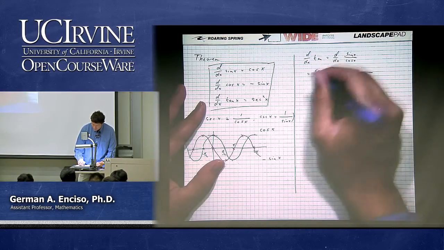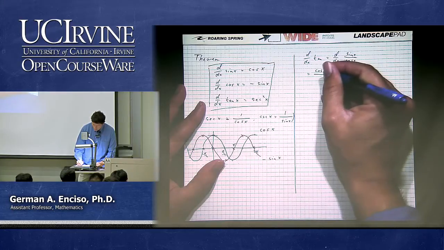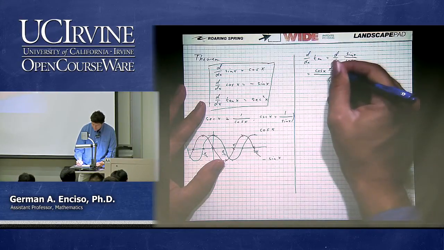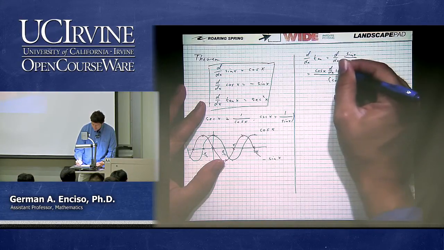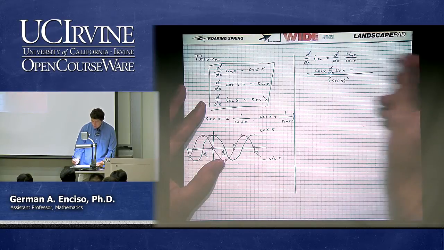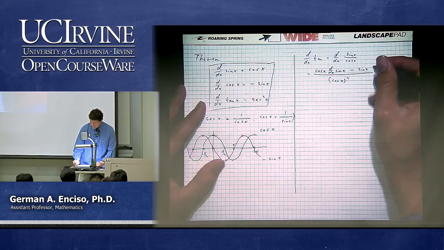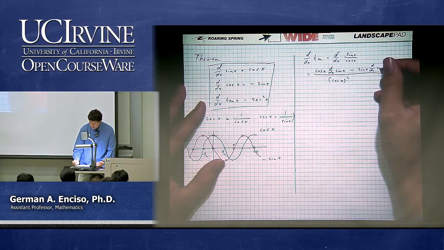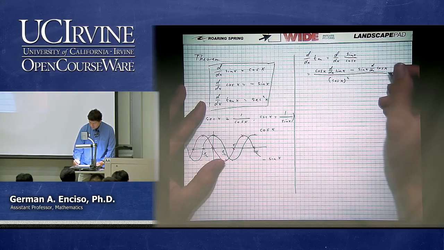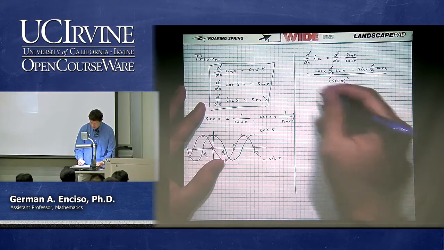Cosine x times the derivative of sine x minus sine x times the derivative of cosine x, all divided by cosine x squared.